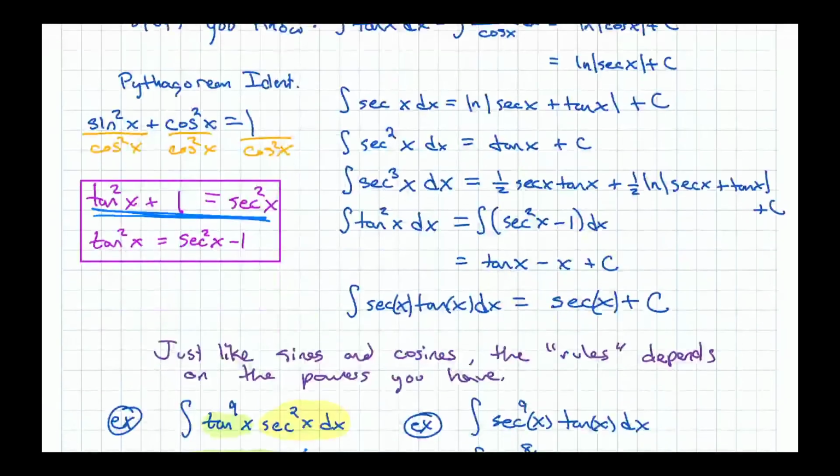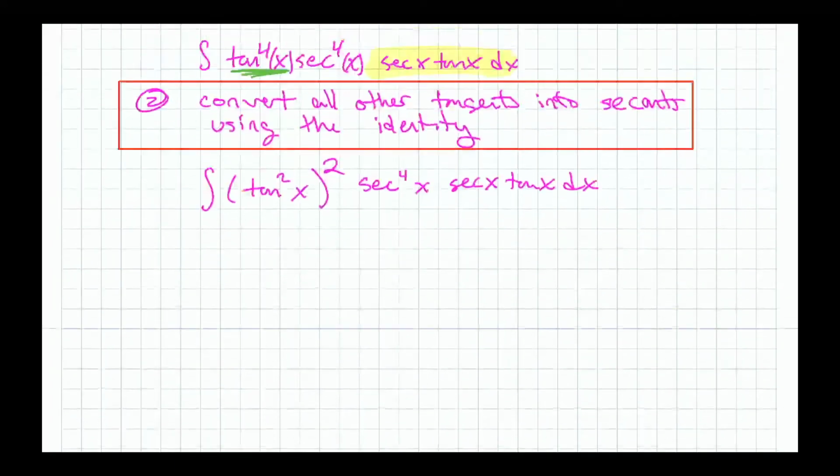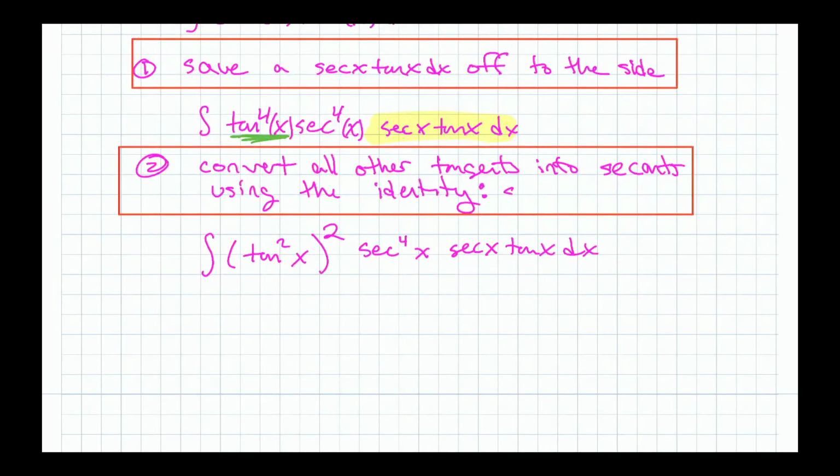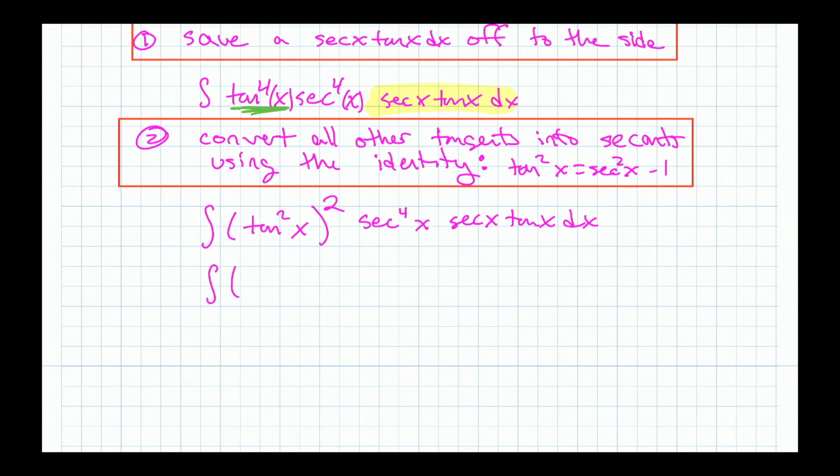So we want this form of that identity: tangent squared x equals secant squared x minus 1. So you put that in for the tangent: secant squared x minus 1, squared, secant to the fourth x, secant x, tangent x, dx.